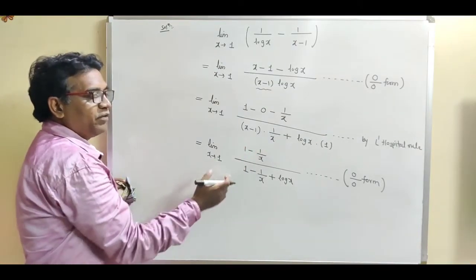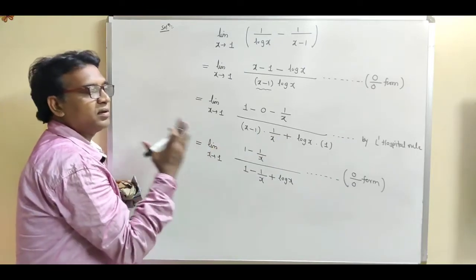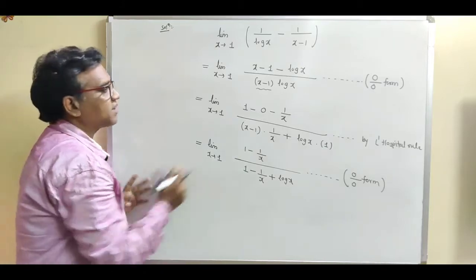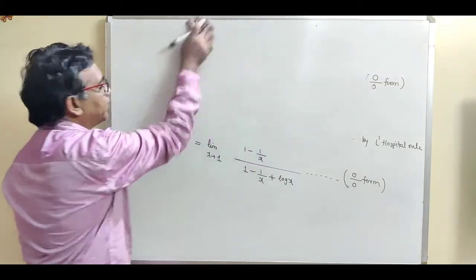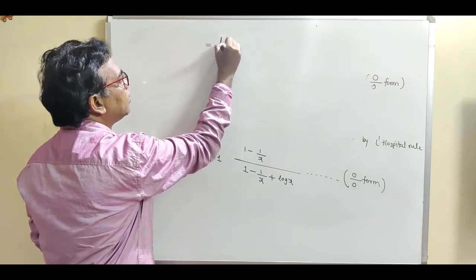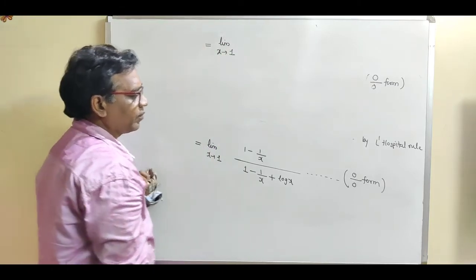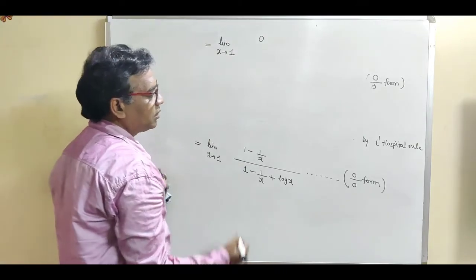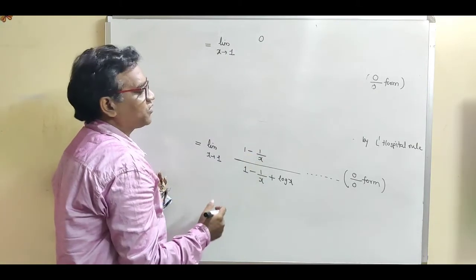So if the limit form is a 0 by 0 form, then what is the method? We can apply the L'Hopital rule. And what is the L'Hopital rule? Just take the separate derivative. So write down, this is equal to limit x tends to 1. Derivative of the constant 1 is 0, derivative of 1 upon x is minus 1 upon x square.